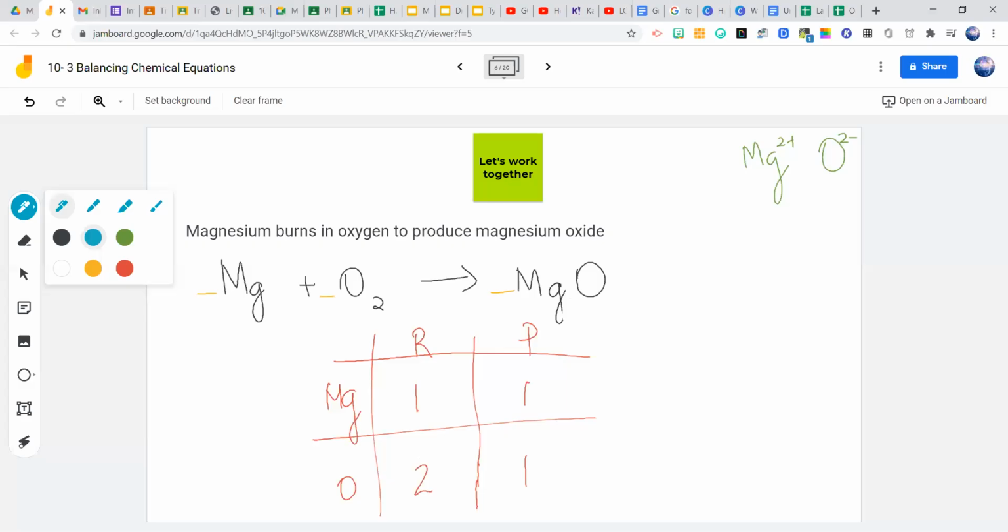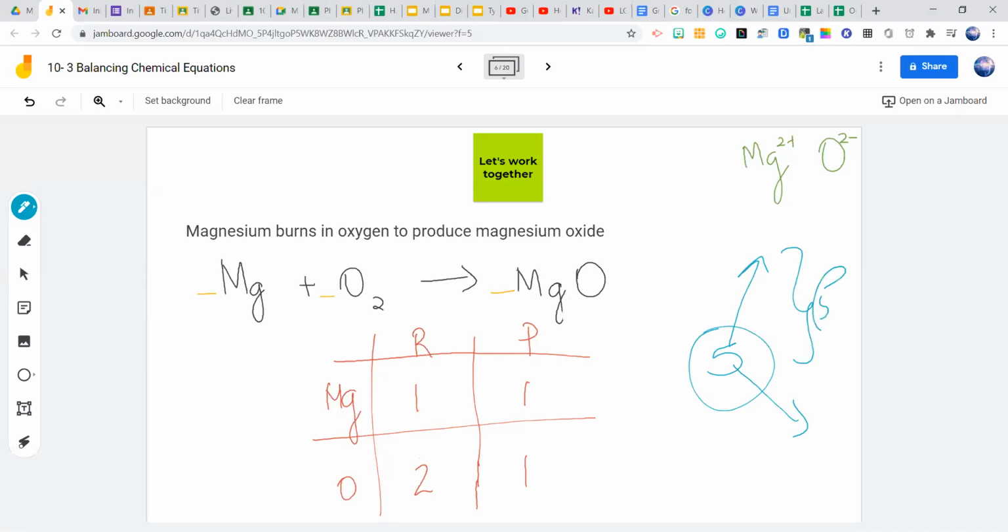If I am starting off with, let's say, for example, 5 of a particular atom, what the law is saying is that whenever it forms products, it doesn't matter how many products it's going to form, I must still have a total of 5 because matter is not destroyed.